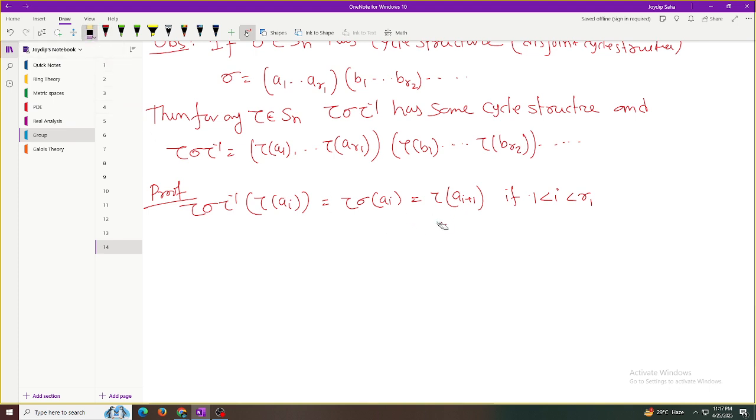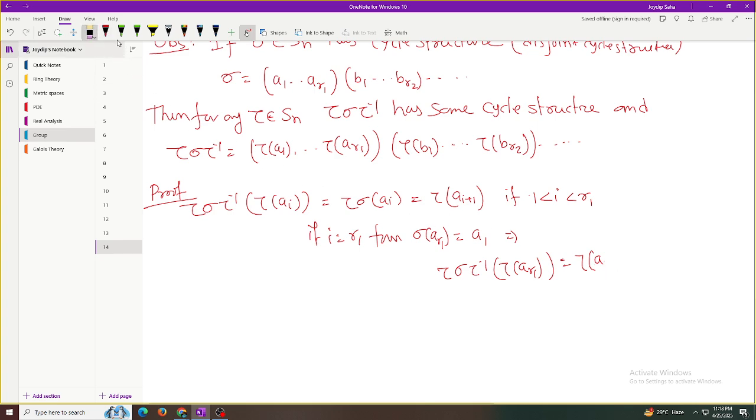If i equals r1, then sigma ar1 is your a1, so tau sigma tau inverse of tau ar1 equals tau a1.